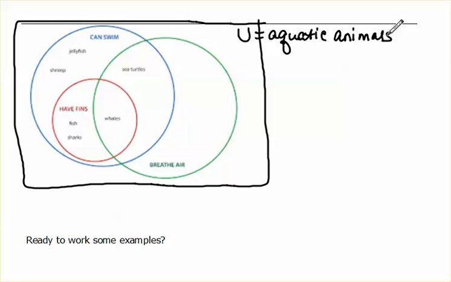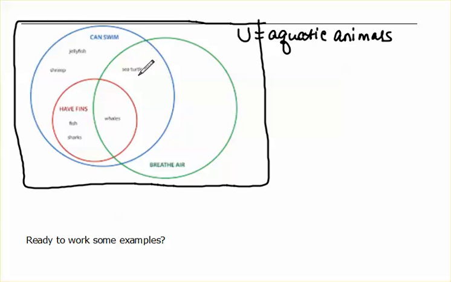So we have those that can swim and those that breathe air. You can see that in here, jellyfish and shrimp can swim, but they don't have fins and they don't breathe air, so they're outside of those other two smaller circles. Sea turtles can swim.